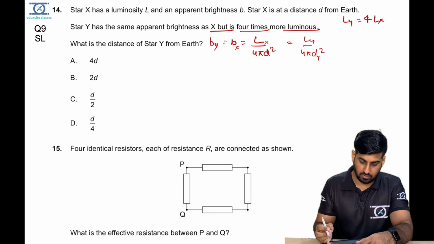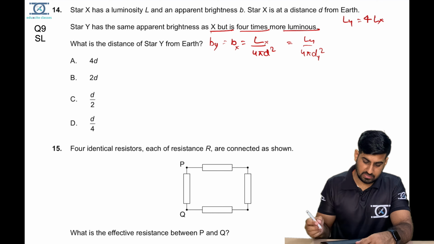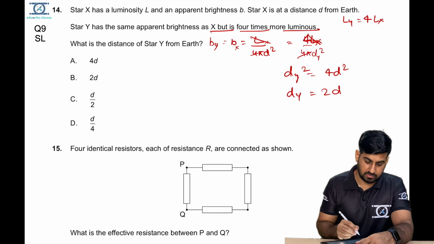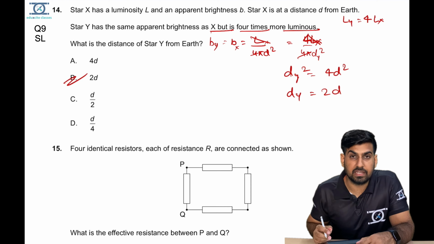We have to find dy. Now 4 pi and 4 pi get cancelled. Ly can be written as 4 times Lx, so Lx and Lx get cancelled. So dy square is equal to 4 times d square, so dy is equal to 2d. So option B is the right answer.